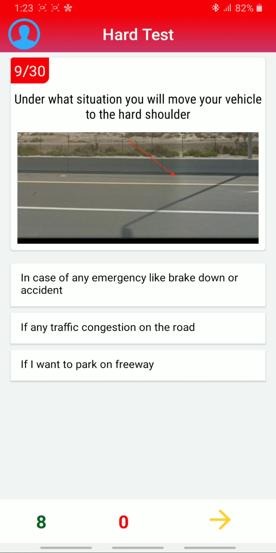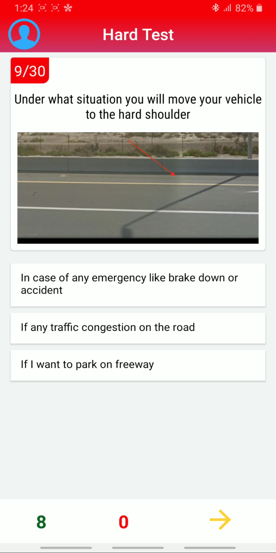Under what situation will you move your vehicle to the hard shoulder? Hard shoulder means the area outside the yellow line. It's a yellow continuous line, so there is some space where a car can move. You don't need to go there normally, but it is specifically for emergency cases, like if your car breaks down, you have an accident or any other problem, you can stop there with the double indicator on.